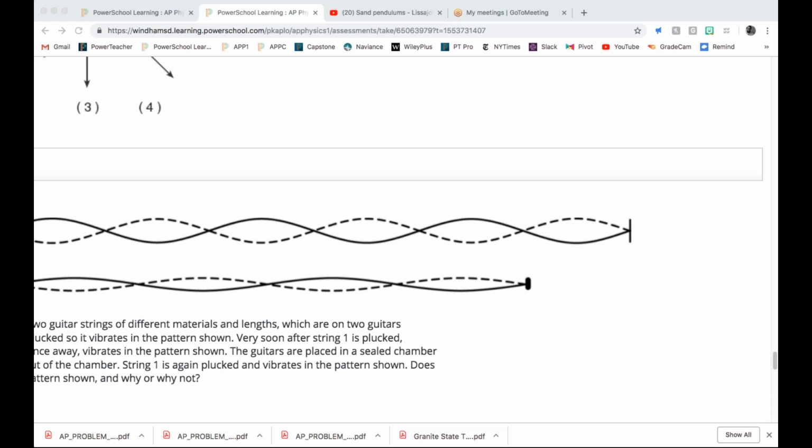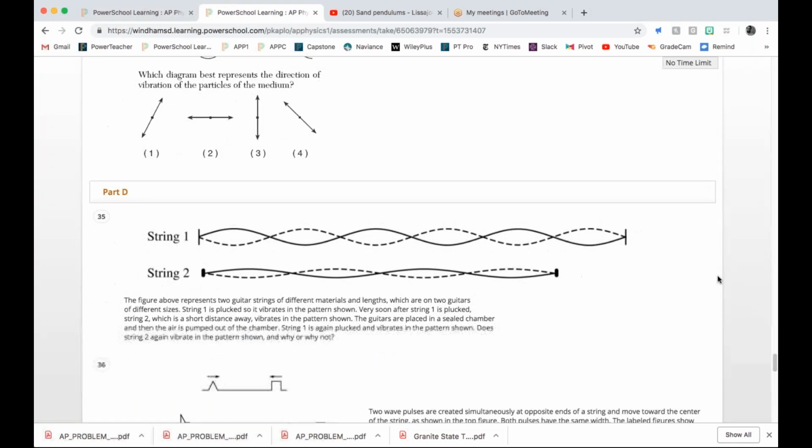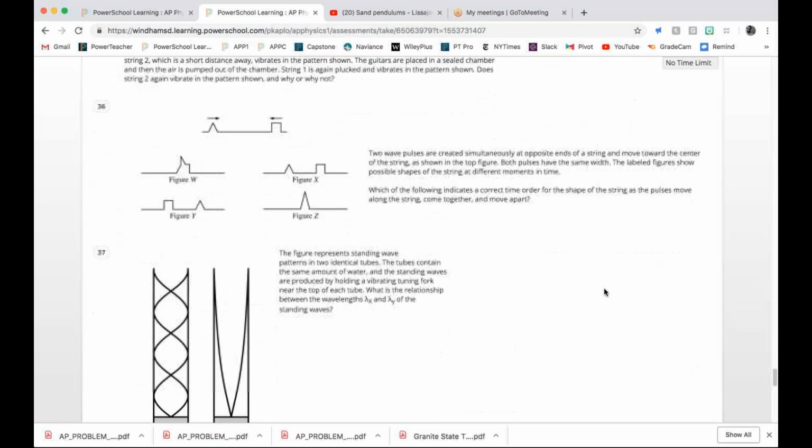We're going to go over part D, and it asks to find the spring constant. So Jess, let's get to part D, and let's see if we can find it.